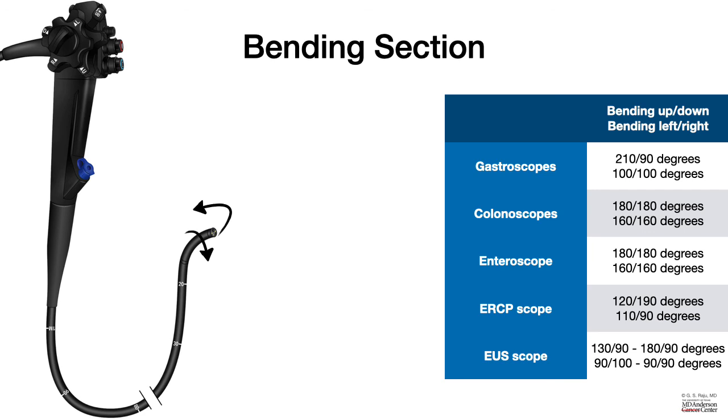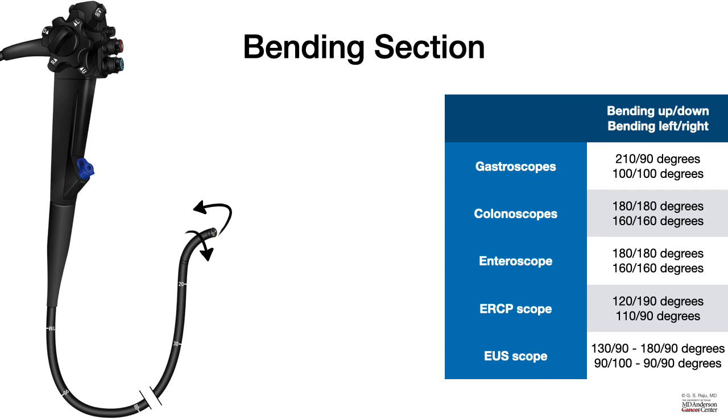Whether the patient is having a narrow lumen, then you pick up a slimmer scope. If the patient is having issues that need to be cleared up or suction, then a bigger channel. And then if you have an anatomy that needs a lot of angulation changes, then a gastroscope is something that needs to be picked up.